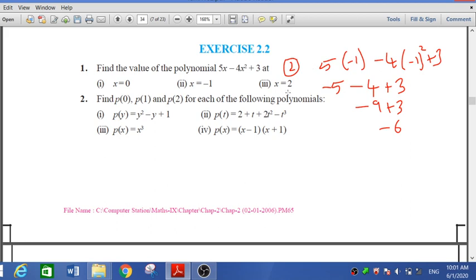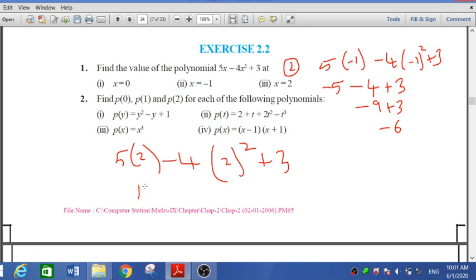Now x equal to 2 I have to put. So 5 into 2 minus 4 into 2 square plus 3. Now try to solve this sum.